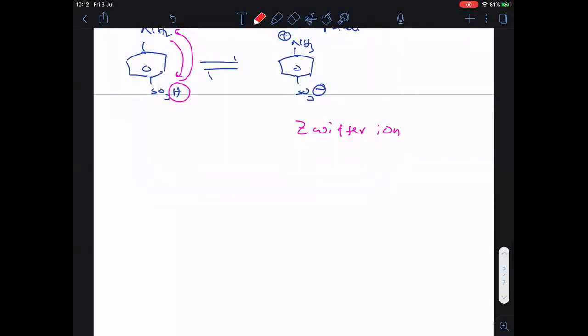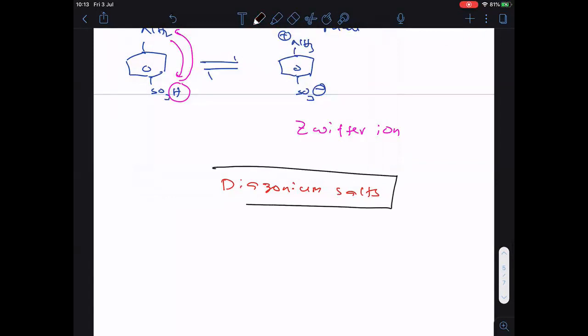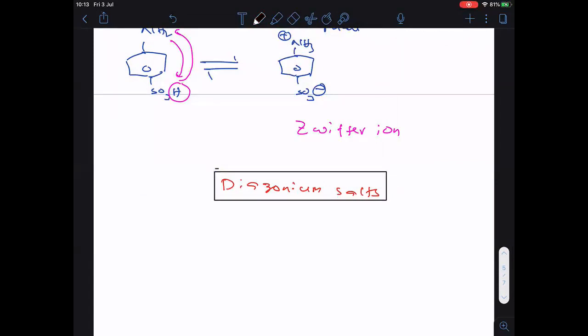In aniline, two parts are there. One is aniline, one is diazonium salts. Aniline part is completed. Now, the other part is the diazonium salts. Clear?